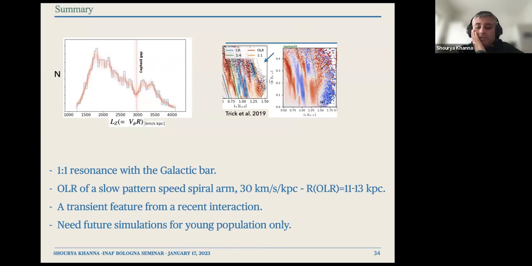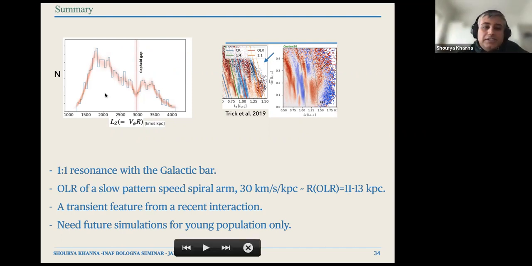Okay, so I've probably run out of time, so I will just summarize quickly. So essentially, thanks to the quality of data from Gaia, we've managed to use the population of giants as well as a population of Cepheids to find signature of a resonance-like feature in the outer disk. And the location at which this occurs seems to match the predicted resonance lines for a galactic bar like ours.